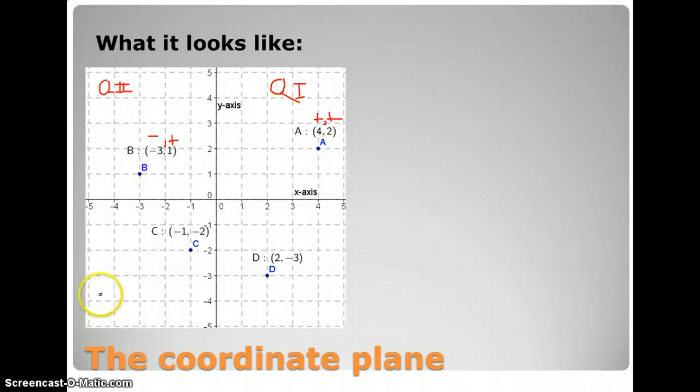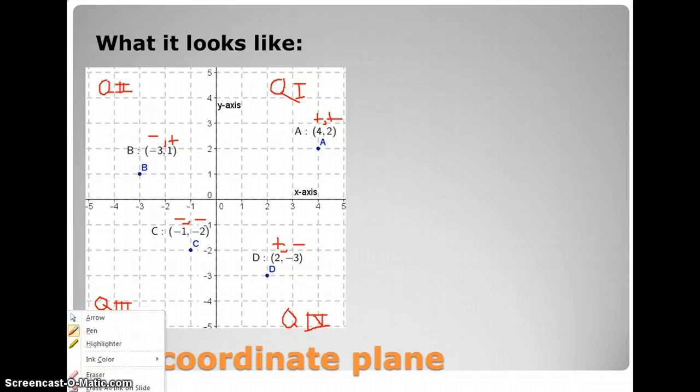Continuing our pattern, we're down to quadrant 3. And we have a negative x value and a negative y value. And then finishing it off, we're in quadrant 4. And we have a positive x value and a negative y value.